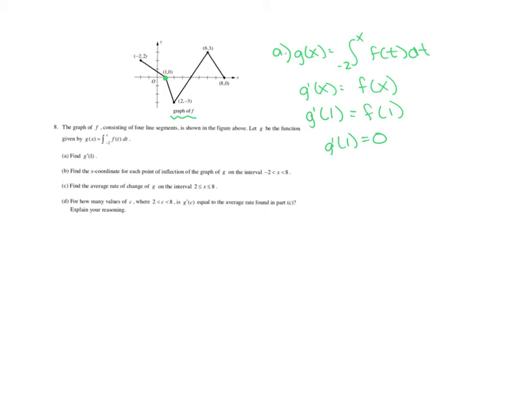And part B, point of inflection. So we need to remember that we're looking at the derivative. And this is a bit of a throwback, but g has a point of inflection wherever its derivative has a max or a min value.